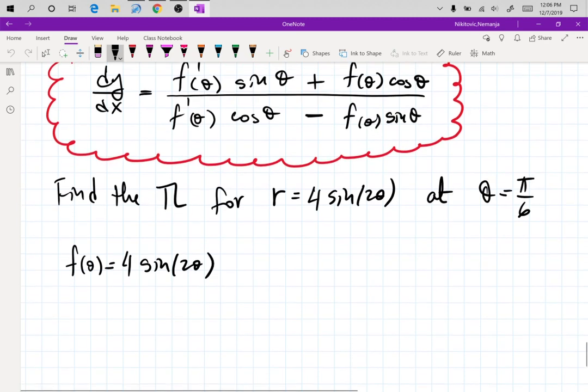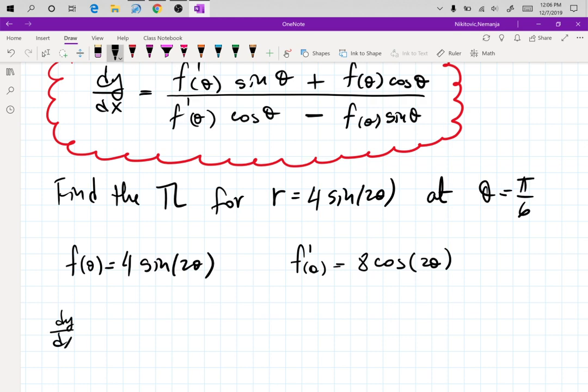We first find f prime of theta, which is 8 cosine 2 theta, and now we plug that into dy dx.